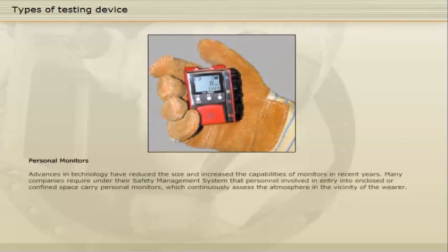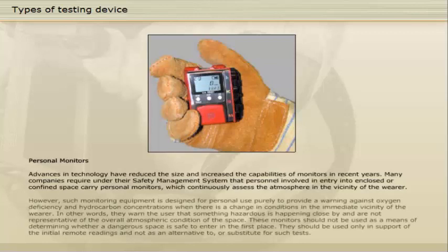Advances in technology have reduced the size and increased the capabilities of monitors in recent years. Many companies require under their safety management system that personnel involved in entry into enclosed or confined space carry personal monitors, which continuously assess the atmosphere in the vicinity of the wearer.